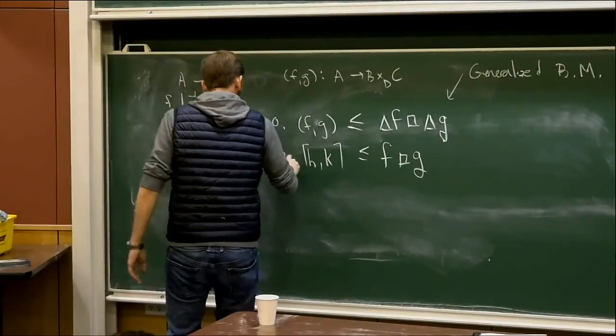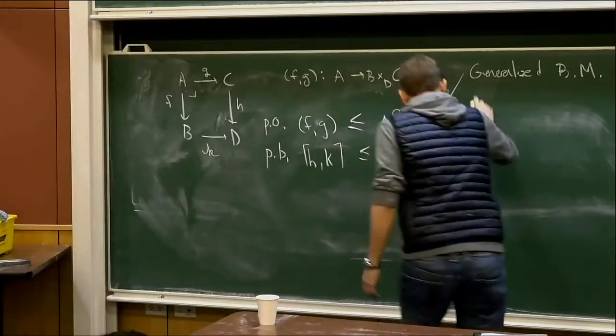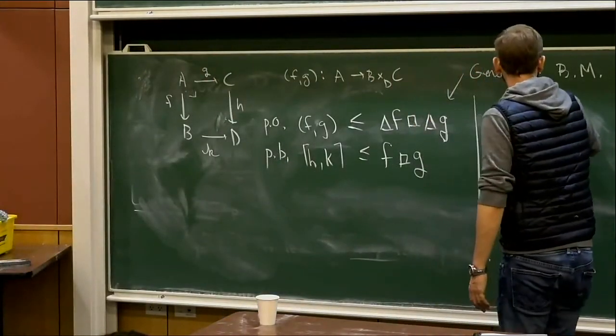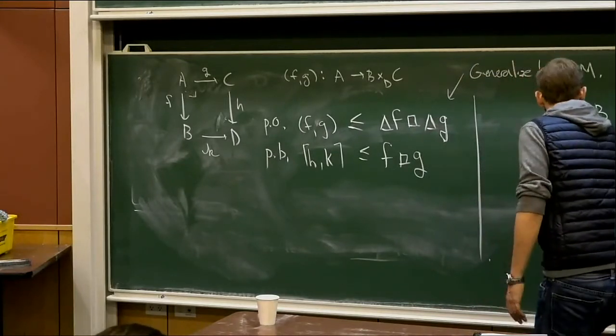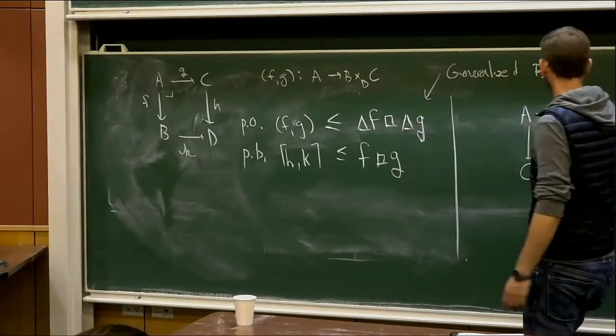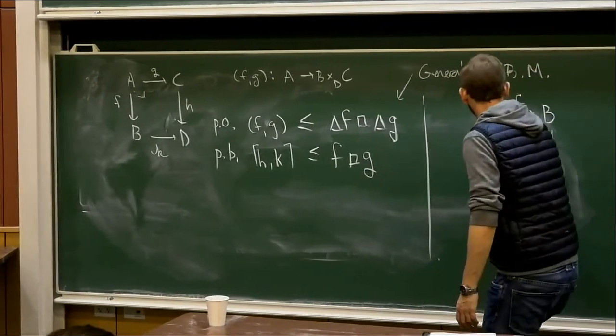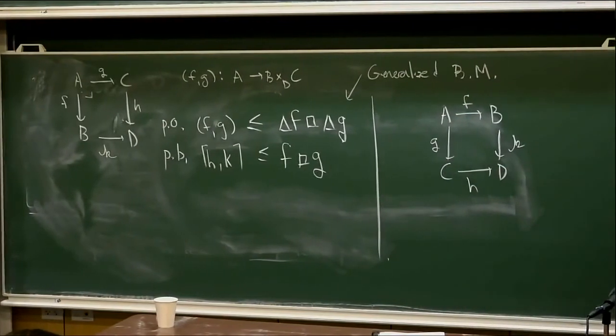If the square is a pullback, we have this, and I need to give a slight variation. I think I flipped twice. Am I back where I started? I can rephrase this a little bit.